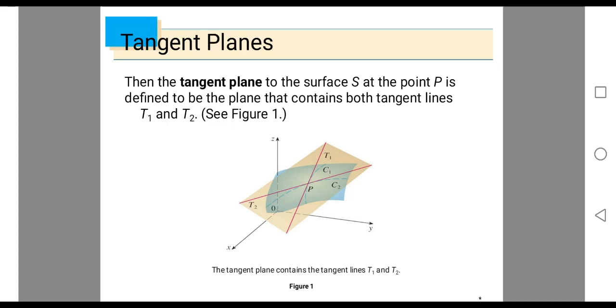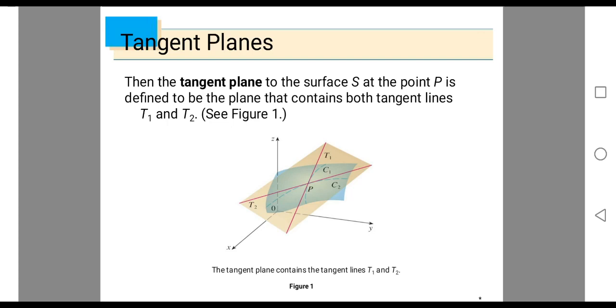We took T1, a tangent line, and T2, another tangent line. When we have T1 and T2, we can easily find the tangent plane to the surface S. Sorry, the tangent plane contains the tangent lines T1 and T2.